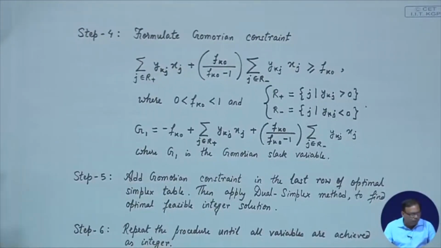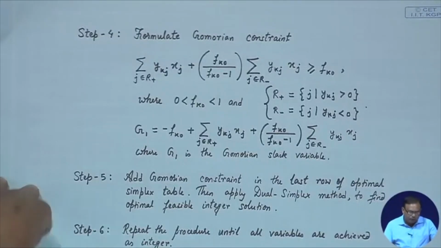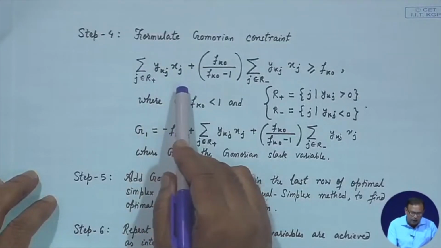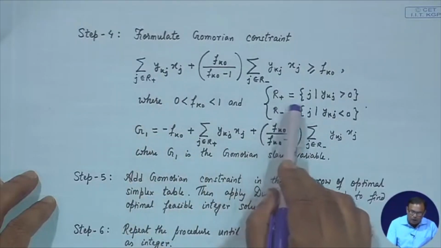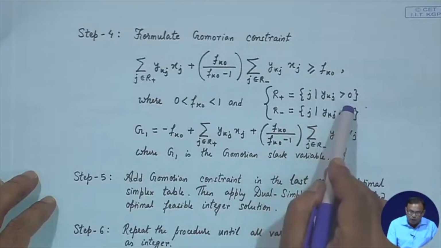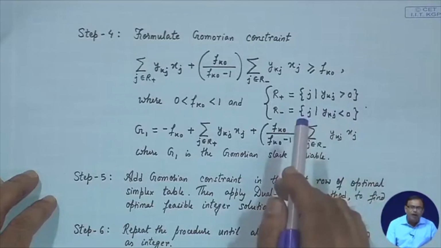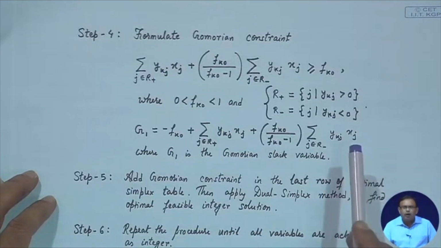Once I obtain this, I formulate the Gomorian constraint as summation over j belongs to R plus of y k j x j. Here I write R plus as the set of j such that y k j is greater than 0, because whenever you consider the y values in a table, the y values may be positive, and they may be negative also.